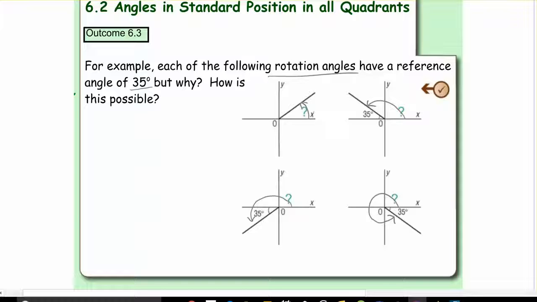But they all end up being 35 for my reference angle, because from there to there is 35, and this is 35, because they're all the same from the x-axis. That's really the only thing I want you guys to get from that.